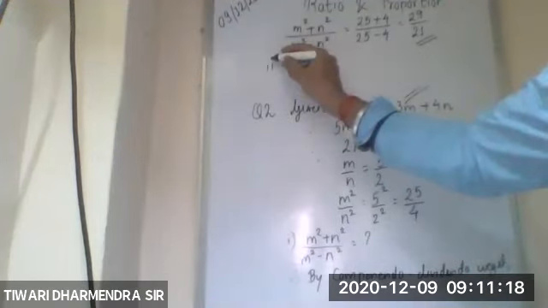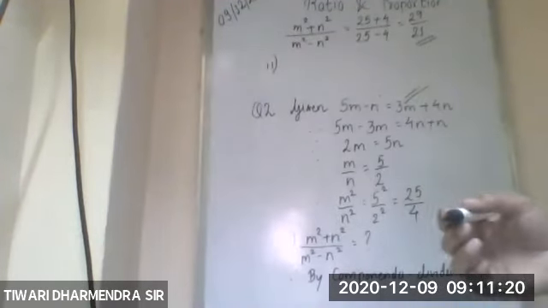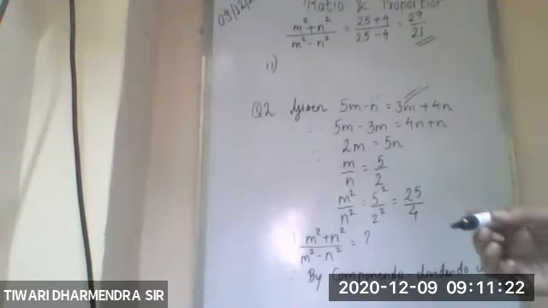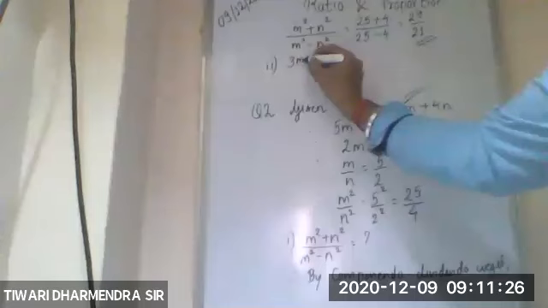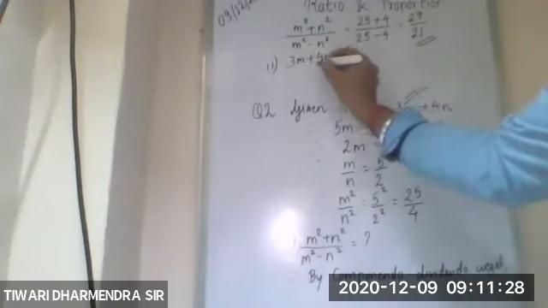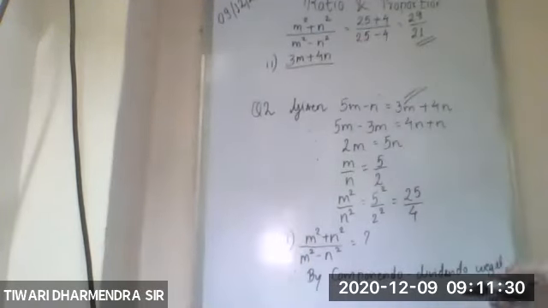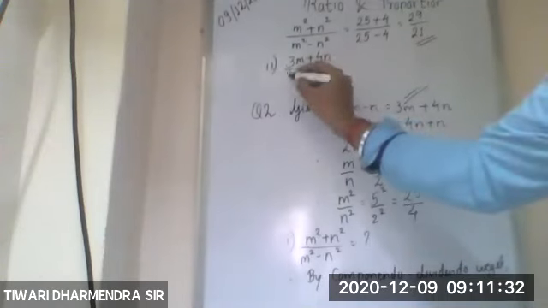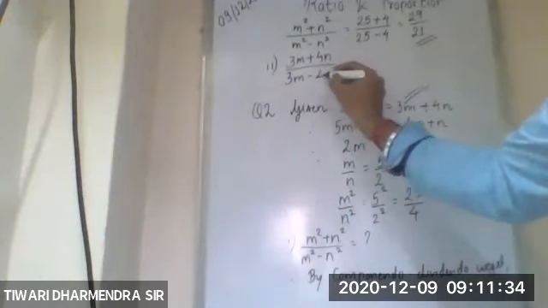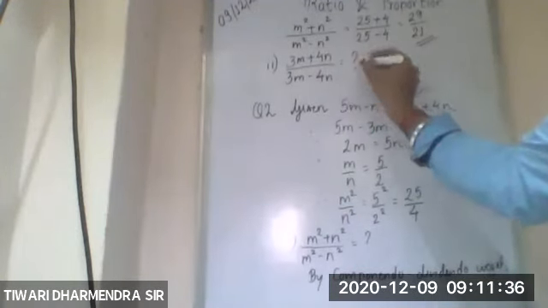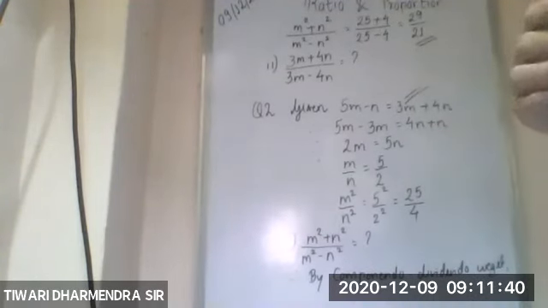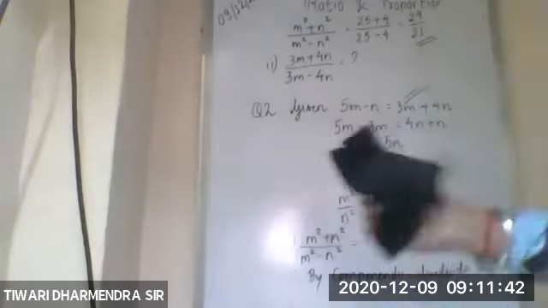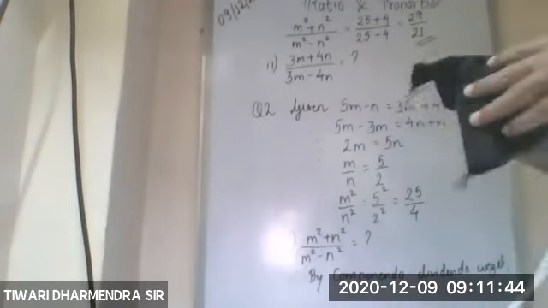What is the demand? They're asking us to find the value of 3m plus 4n divided by 3m minus 4n. This is the requirement. We'll be using m by n. The value of m by n is 5 by 2.